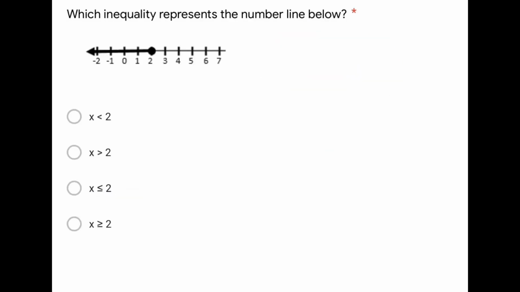Which inequality represents the number line below? Well, we have our dot right here on the 2. So our point is on the 2. We have x, and then we have 2. Our point is on the 2, and it is a closed circle.